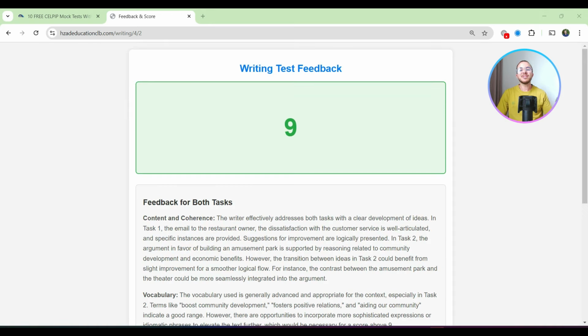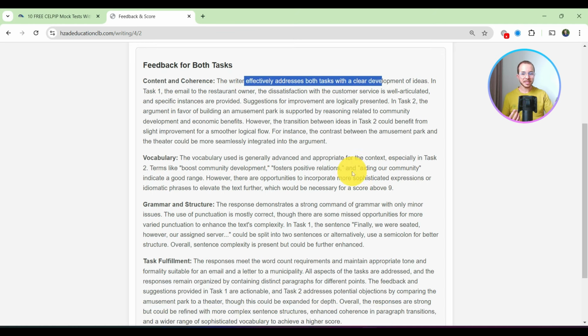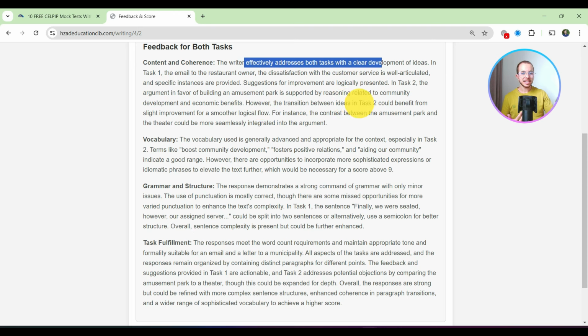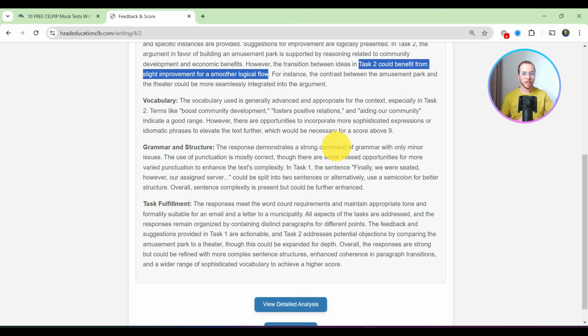Now, the best part about using HZad Education's AI platform is that it gives me my feedback. And I got a CLB of 9. I am super satisfied with this. All right, and it tells me more things that I can do. It says I effectively addressed the ideas. However, transition ideas in task 2 could improve. Okay, good to know.